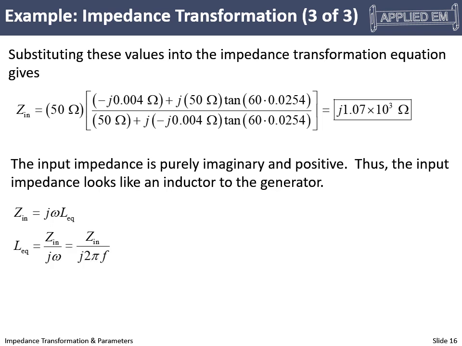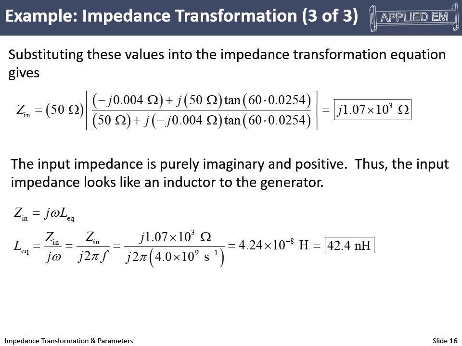Well, we'll put it in terms of the ordinary frequency again. So input impedance over j 2 pi f. Now we have all the numbers we can throw in here. We just calculated our input impedance, so we can throw that in. And we know our frequency, 4 gigahertz. We turn the crank, we get 4.2 times 10 to the minus 8 henries, which is 42 nanohenries.